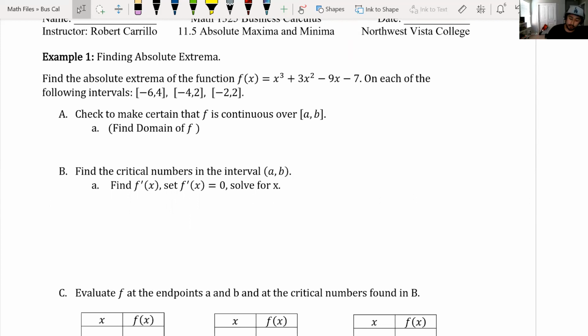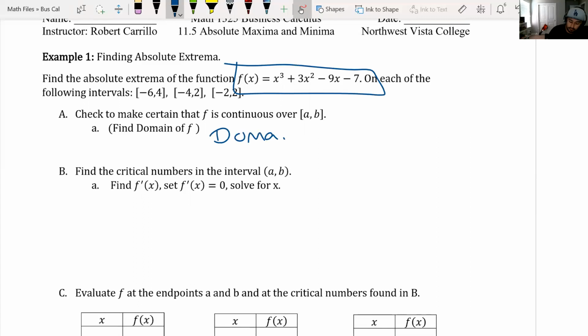This is going to be the easiest part for you because, since you're in business calc, you're only going to get polynomial functions. So the domain of all polynomial functions is always all real numbers.